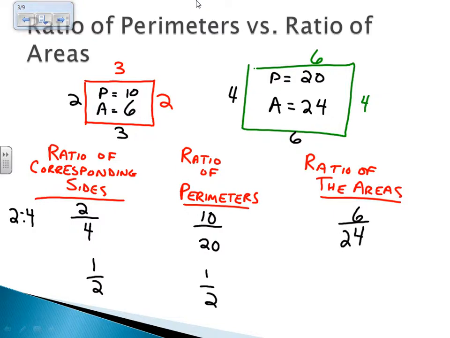What does that reduce to? 1/4. What I want you to notice: the ratio of the corresponding sides is equal to the ratio of the perimeters. However, the ratio of the areas is not equal. We're going to do one more problem, and hopefully it will become a little more clear.